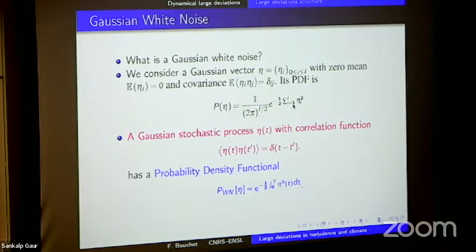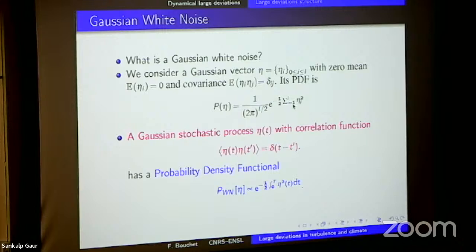And so a Gaussian stochastic process with correlation function delta of t minus t prime, what we call the Gaussian white noise, is something for which you take a limit of this by interpreting i as a time step, and then you take the limit where the time step goes to 0 in order to have a continuous path.